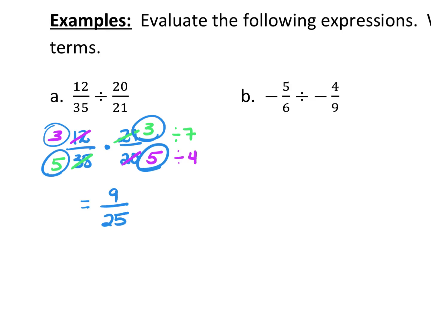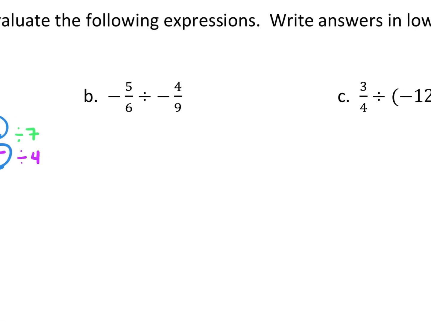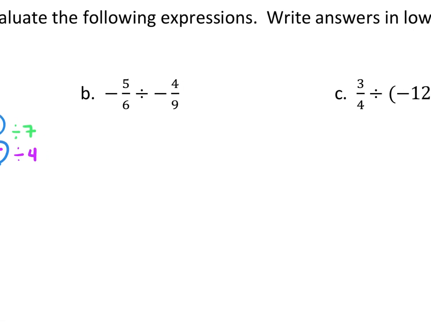All right, let's bring in our signed fractions. For example B, we have negative 5 over 6 divided by negative 4 over 9. We want to copy dot flip. If we do that, we get negative 5 over 6, dot, flip the second fraction, we get negative 9 over 4.